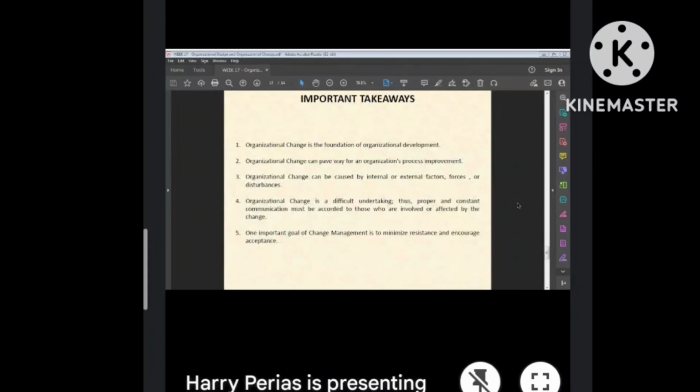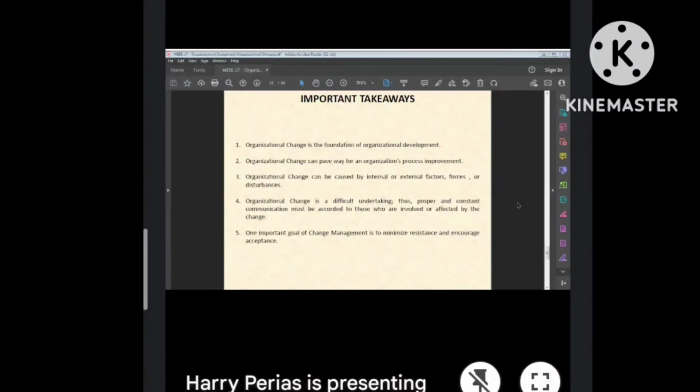We have also important takeaways in organizational change discussion. So, organizational change is the foundation of organizational development. So, kapag walang pagbabago, walang nagaganap na development. Organizational change can pave for organization's process improvement. So, kung walang change, wala ring mag-improve na processes.